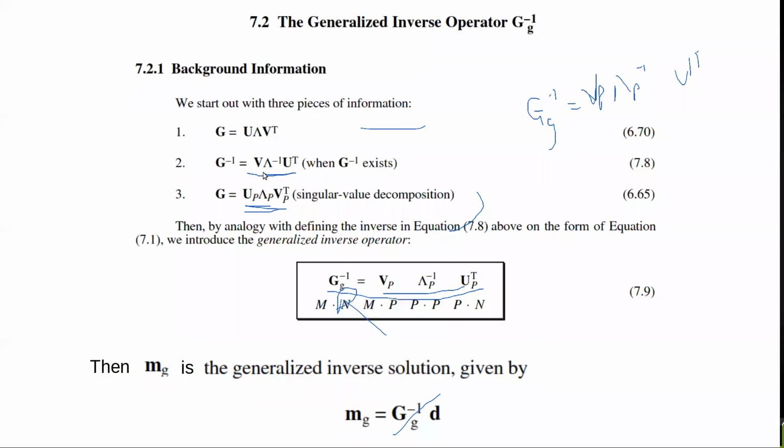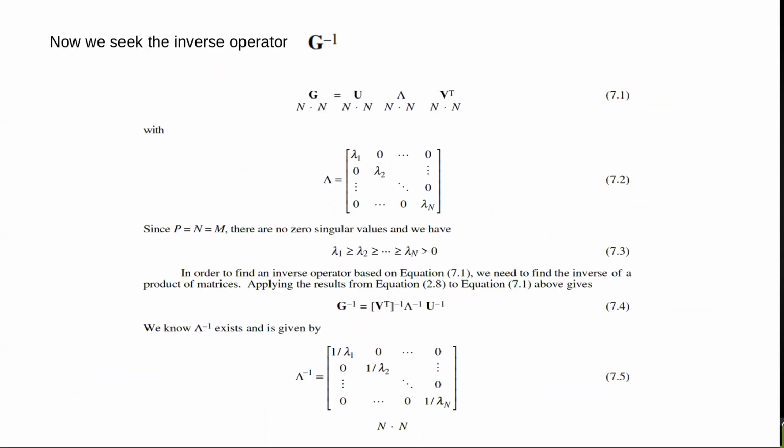I think I have a slide about stability and resolution at the very end, but I'll just tag on here and explain something about stability. Let's say you found that none of the singular values are zero.